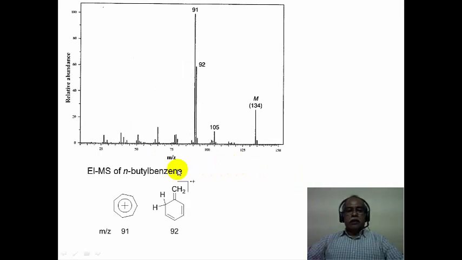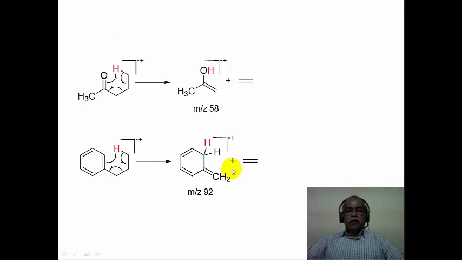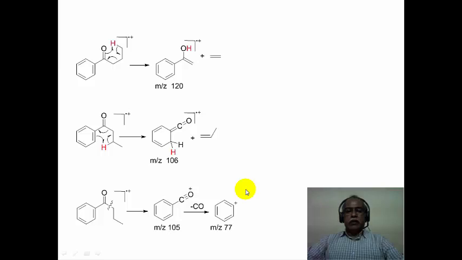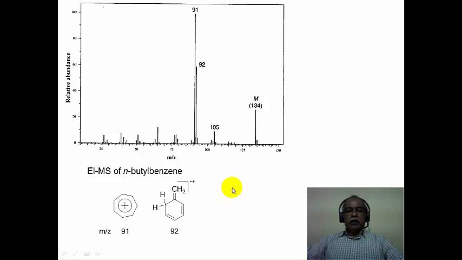Now, this is the electron impact ionization mass spectrum of n-butylbenzene. Remember, we discussed n-butylbenzene and said it should register an ion at 91. It is fine. And this is also producing an ion at 92 because of the McLafferty rearrangement. The 91 is produced by a simple alpha fragmentation.